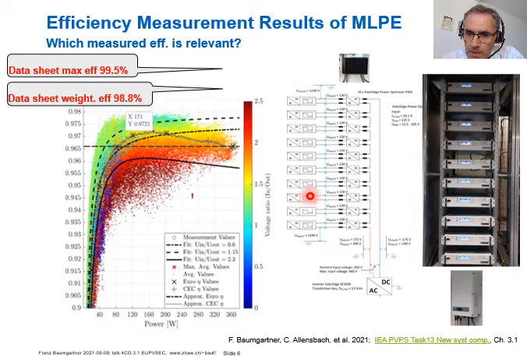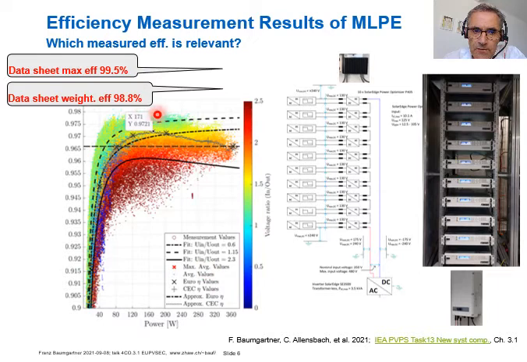And therefore, we could measure over a whole day for all the situations how the shading is changing the average efficiency, and the average efficiency you find here on the left side. So the rated power is on the right side.